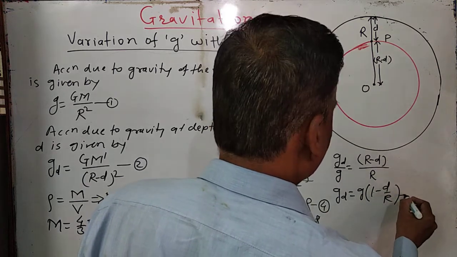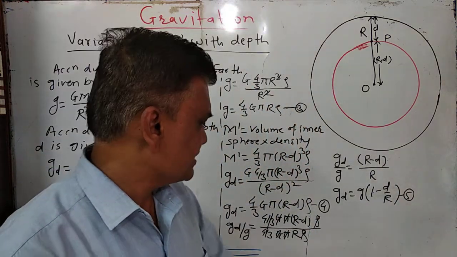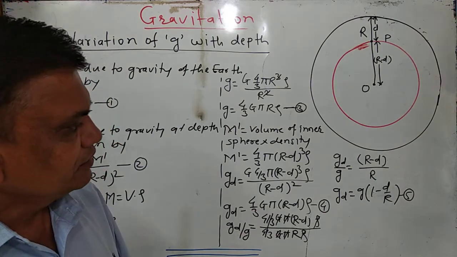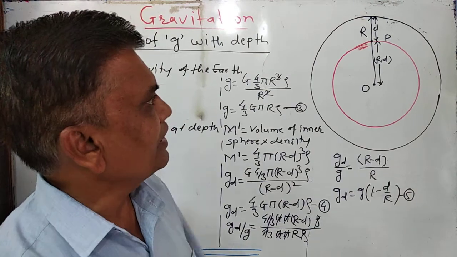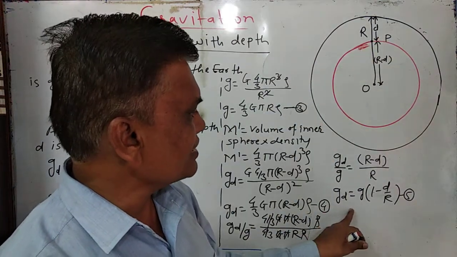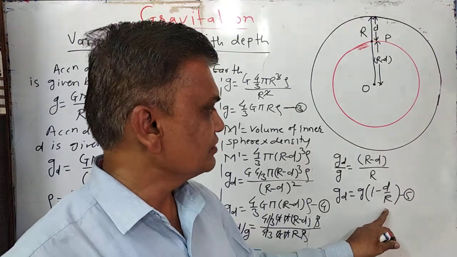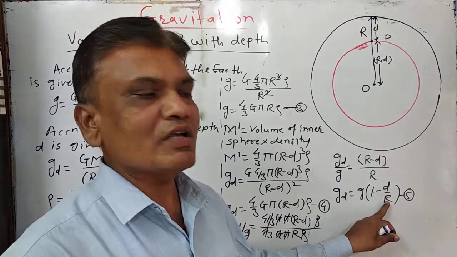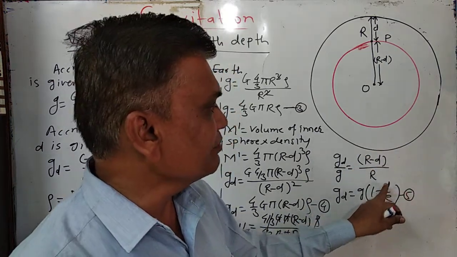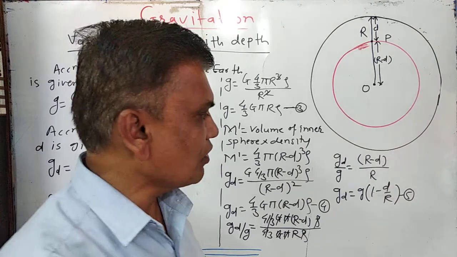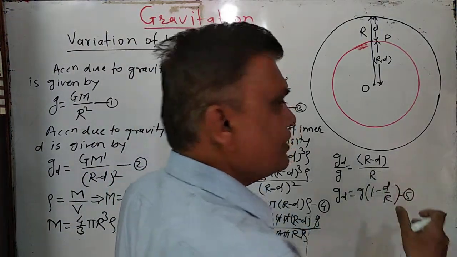This is equation number 5. From this equation it is clear that as we go below the Earth's surface to depth d, the acceleration due to gravity goes on decreasing, because R is the radius of the Earth, which is constant, and d will change. Suppose we increase d, then d by R increases, and therefore the value of the bracket decreases.